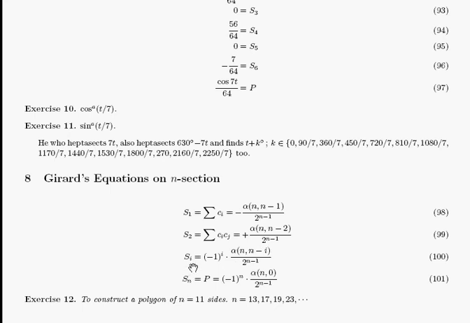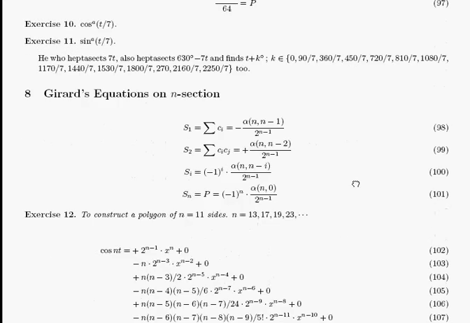The sum i by i, minus 1 to the power 2i, times alpha n minus i over 2 to the power 2 n minus 1. And the product, minus 1 to the power 2n, alpha n 0 over 2 to the power 2 n minus 1.